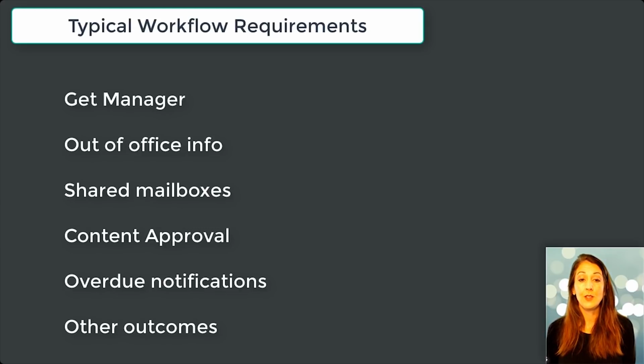We can work with shared mailboxes, which means we can have a specific mailbox that can send and receive flow automated emails. We can tie into content approval. Flow can also accommodate overdue notifications, and of course, any outcomes other than approve or reject, because that approval action right now only has approve and reject as outcomes.